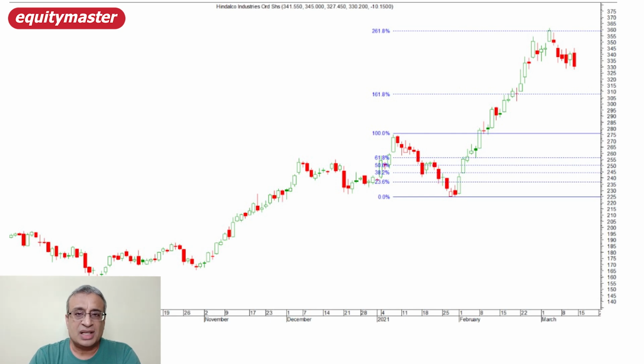Now Hindalco, as you are seeing on your chart, has a big red candle, which means the opening was high and the closing was low. As a matter of fact, while the market was moving up, Hindalco actually made a high which was higher than the previous session, which is Thursday's high. And when the market started nosediving, Hindalco started falling.